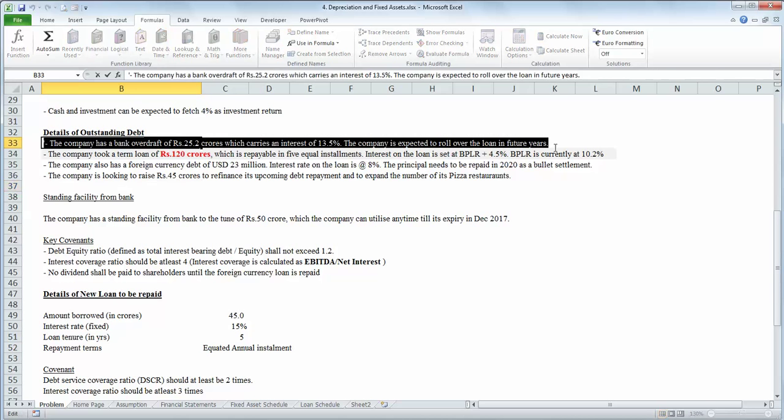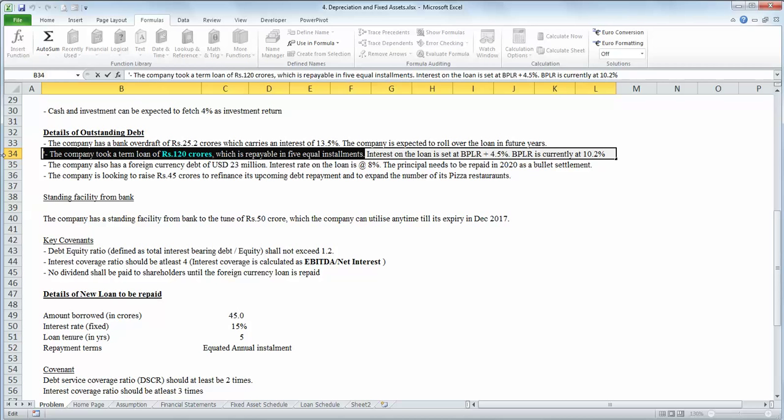For instance, the company has a bank overdraft of 25.2 crores which carries an interest rate of 13.5%. Now typically bank overdrafts are working capital loans where a repayment is not necessarily mandated. These are running accounts where monies flow in and out on a regular basis and just the interests are charged and have to be serviced on due date.